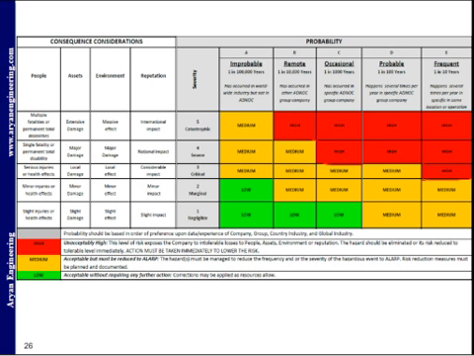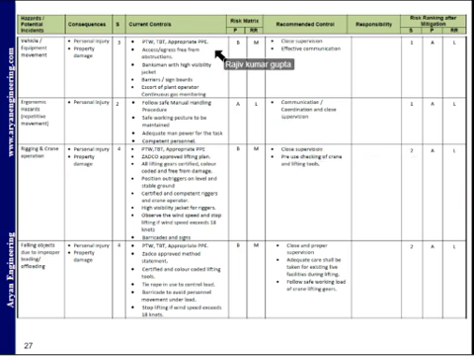So based on the identified risk, the group of the team can identify whether it's negligible, critical, occasional, remote, improbable, or frequent.